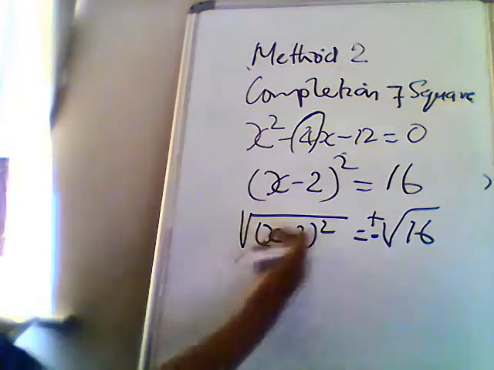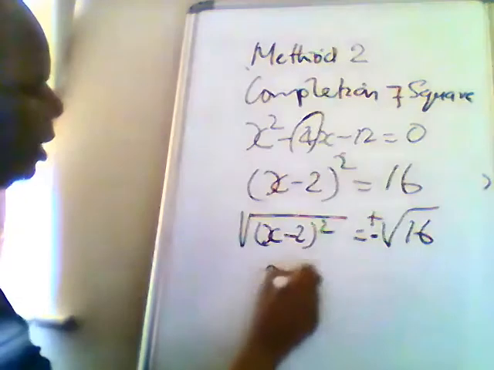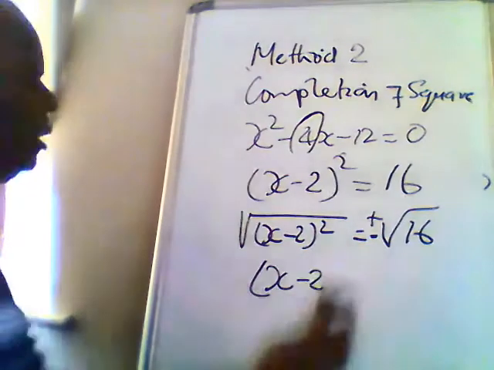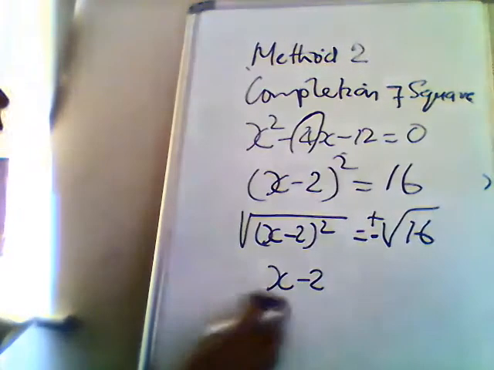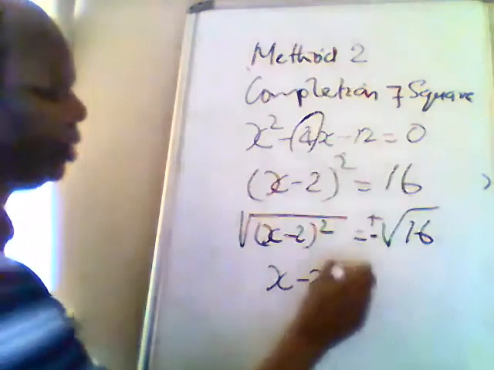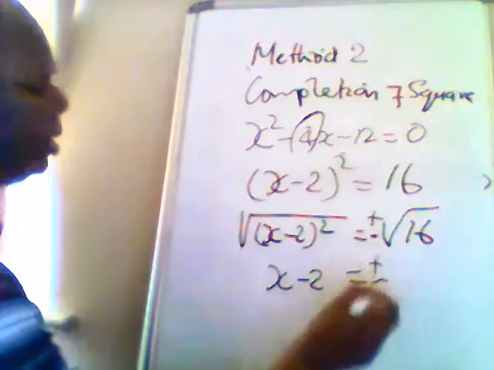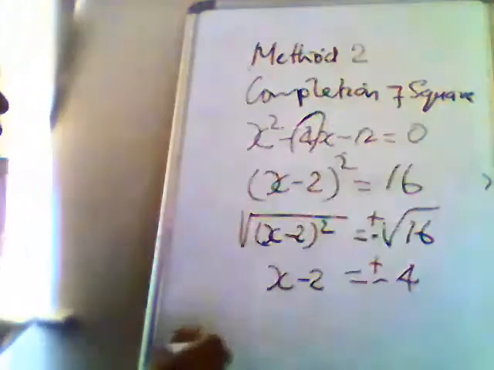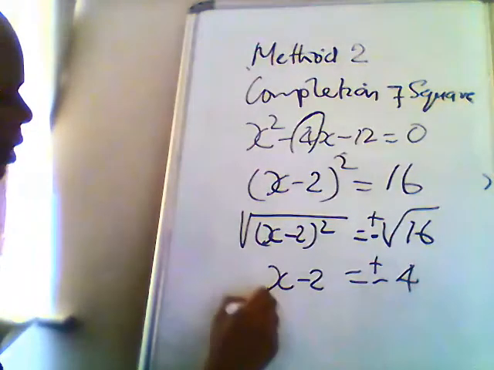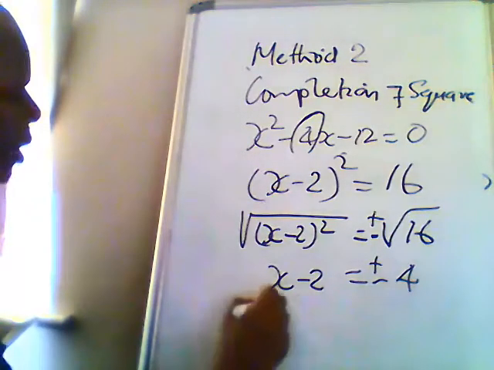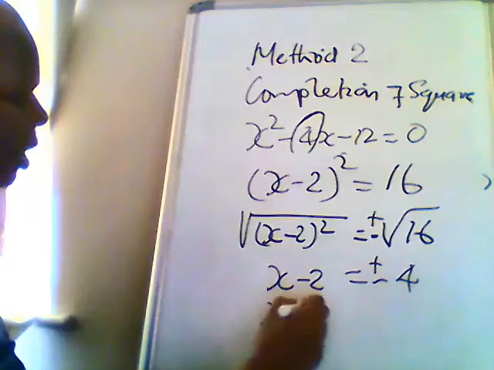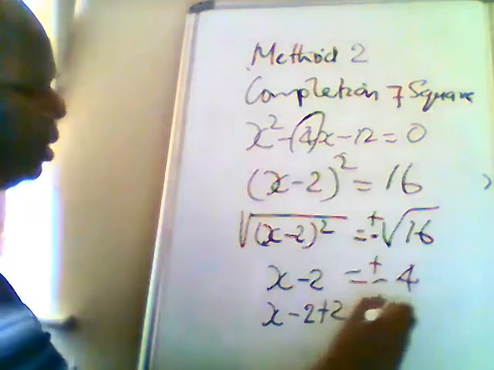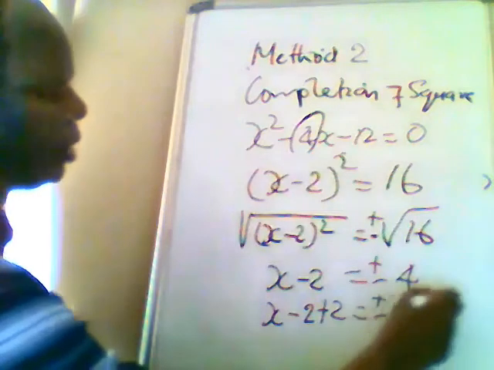Now the square root of this squared is going to give me x minus 2. There's no need to put brackets again, but it's going to give me x minus 2 equals plus or minus the square root of 16, which is 4. So to get the first answer, I'm going to add 2 to both sides. So x minus 2 plus 2 is going to give me plus or minus 4 plus 2.